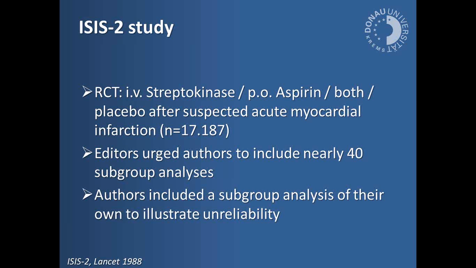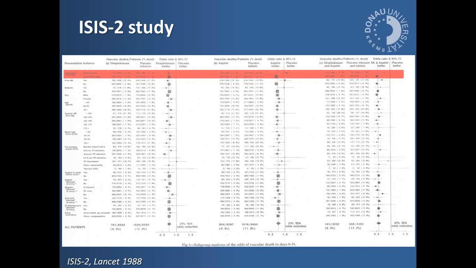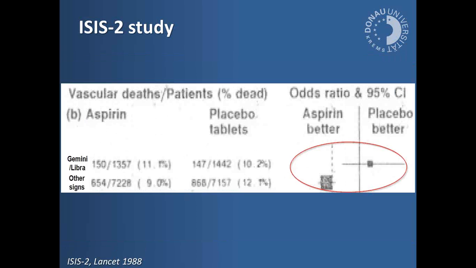The editors urged the authors to include nearly 40 subgroup analyses. So the authors decided to do a subgroup analysis of their own to illustrate the unreliability of such a high number of subgroup analyses. Here you won't see a lot, but it's just to illustrate how many subgroup analyses they did. And this is here in red.